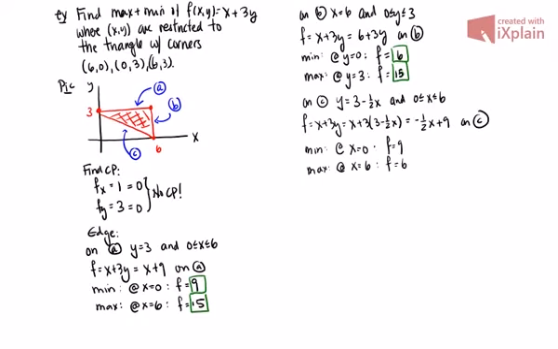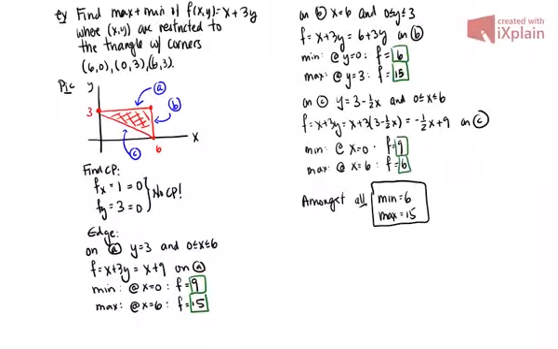Same big deal. We put boxes around them just to reference them, and then we look at all of those 6 values in this case. So amongst all of those, the min is 6, the max is 15. That's the final answer.